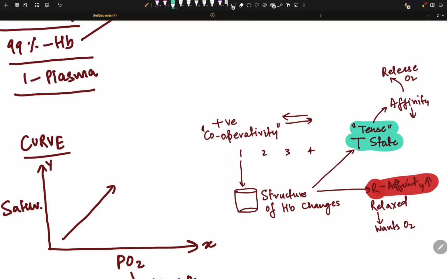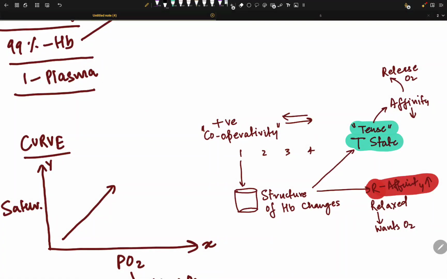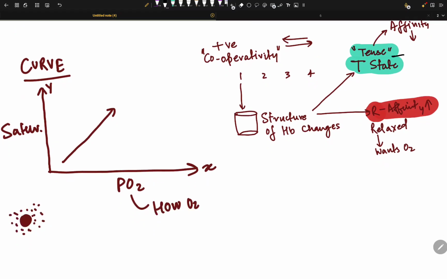So I'm really talking about the structure of hemoglobin right now, and that's how it actually changes. T you can remember as tissue or tense, and R is just relaxed, so it's in the lungs.